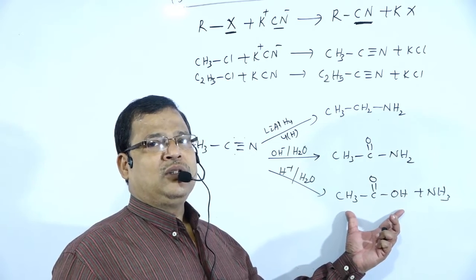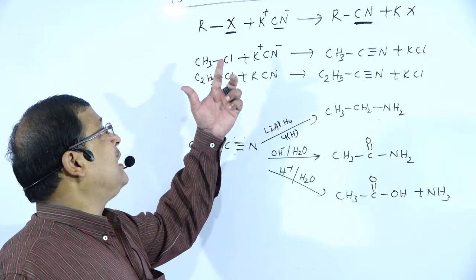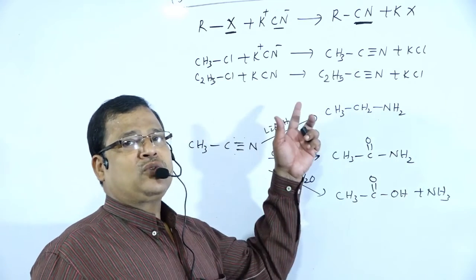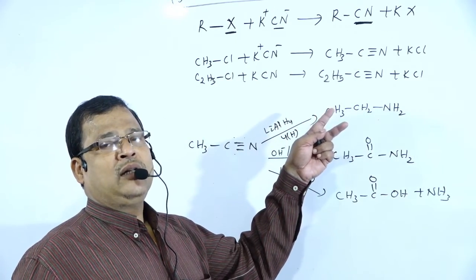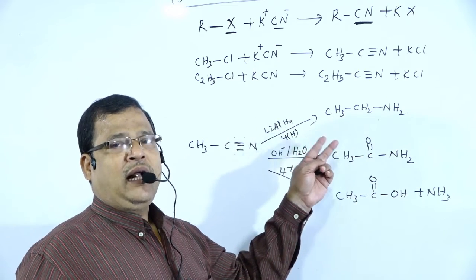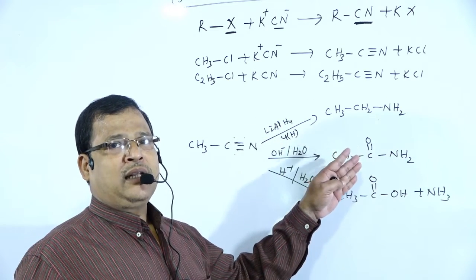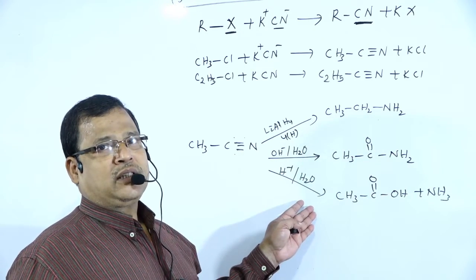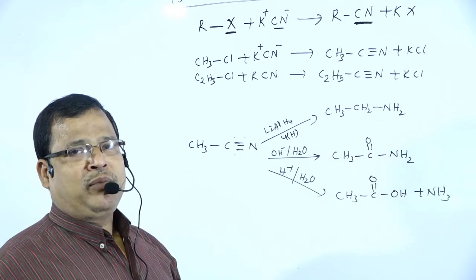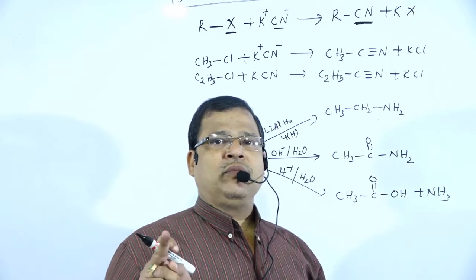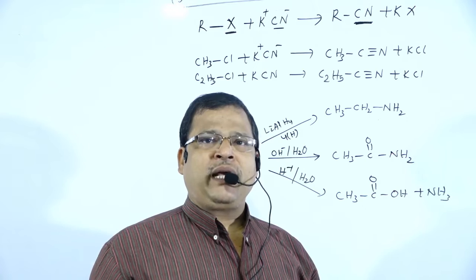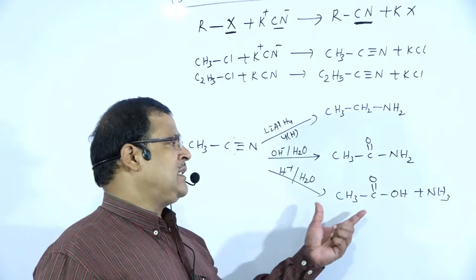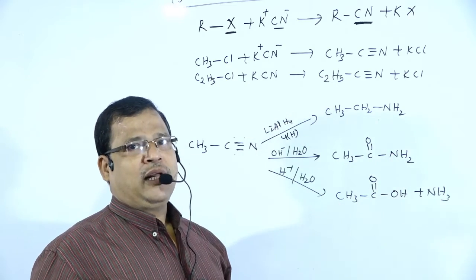So this is how the action of potassium cyanide with alkyl halide works, where CN minus acts as the nucleophile and replaces the halogen. After the formation of alkyl cyanide, different products form under different conditions: reduction gives primary amine, base hydrolysis gives acid amides, and complete hydrolysis in the presence of mineral acid gives carboxylic acids and ammonia.